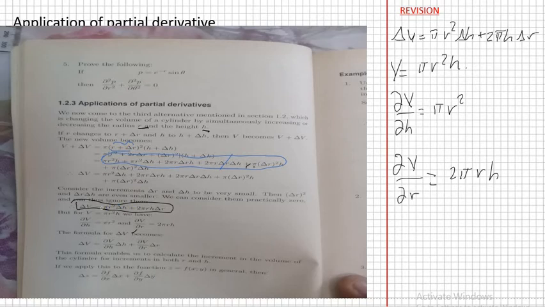In this relation, the change in volume is equal to pi r squared times the change in h, plus 2 pi r h multiplied by the change in r.